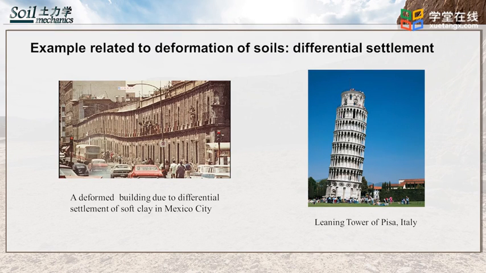The common point of these two structures is that they were built upon a thick layer of soft clay. The soft clay is highly compressible and has caused damaging differential settlements in the structures. After learning the consolidation theory in soil mechanics, you can have a better understanding about settlements of structure built on clay.